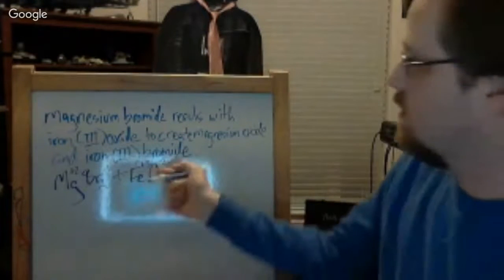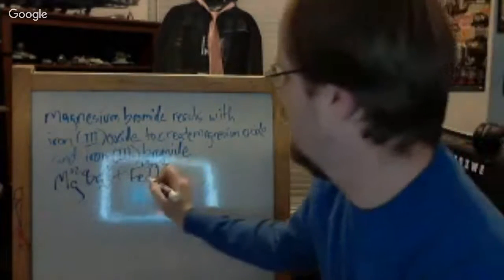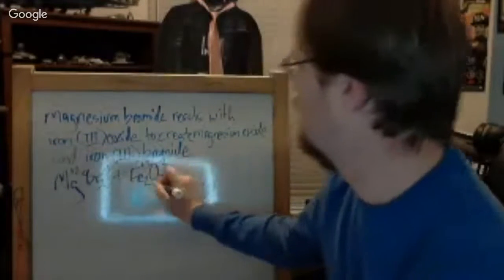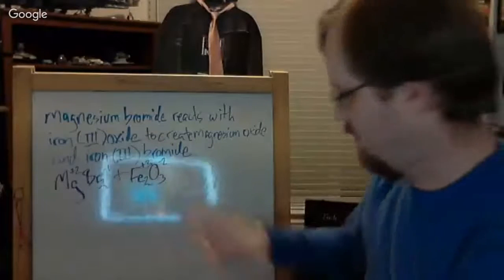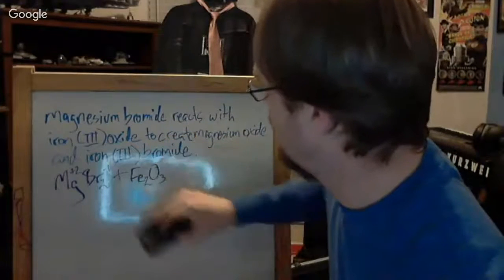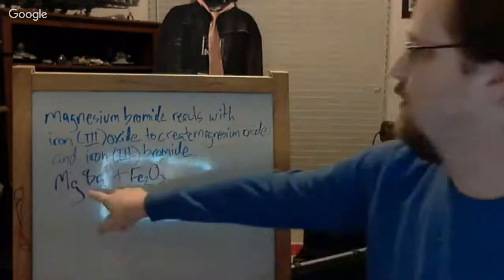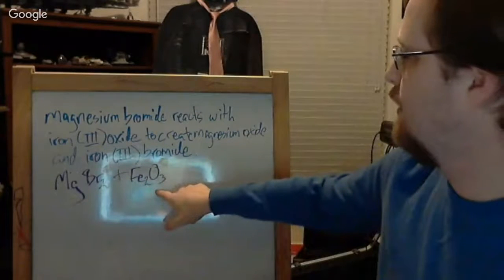Once again, the charges are not the same, so we're going to get Fe2O3. Now I'm going to erase the charges so it's a little easier to read. So far we've got MgBr2 plus Fe2O3.